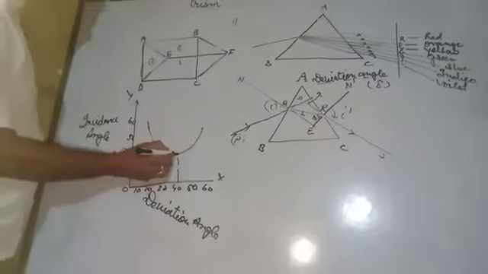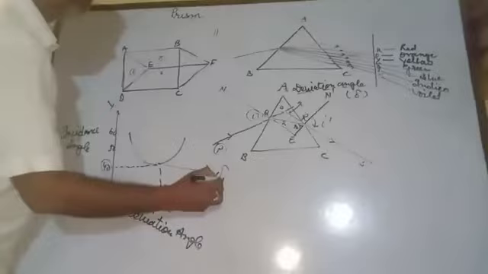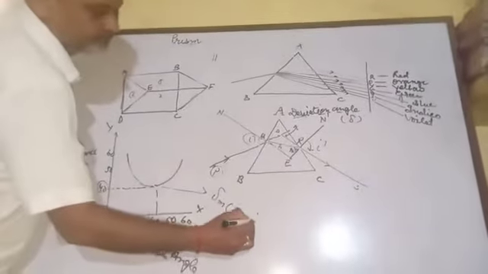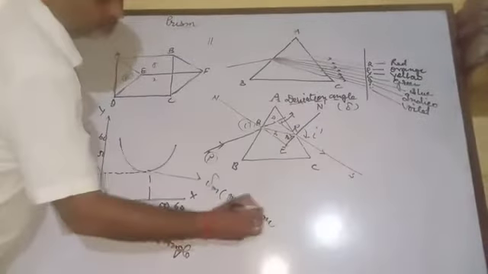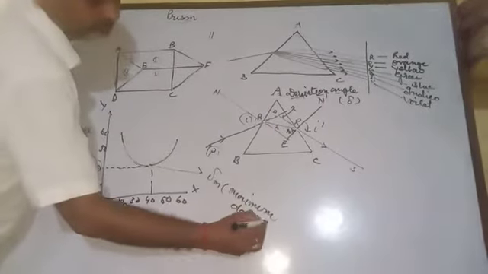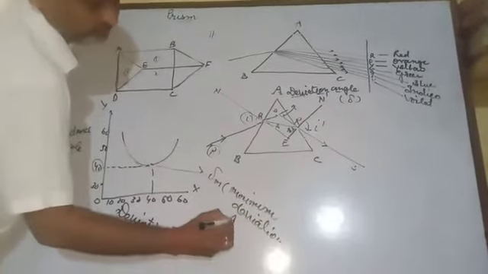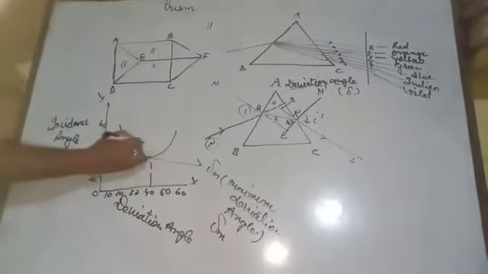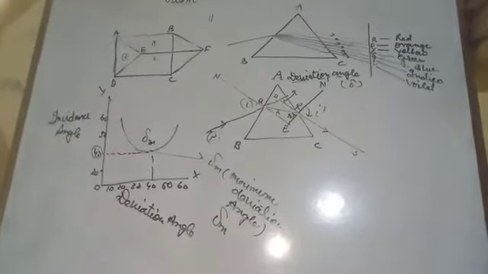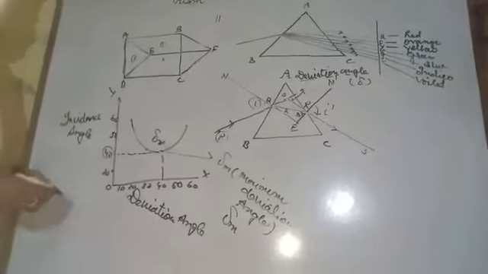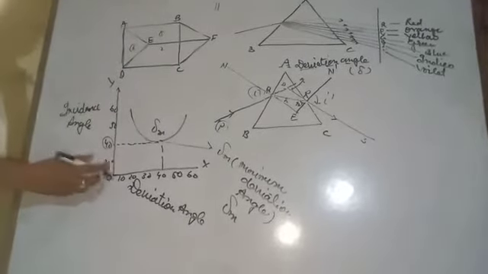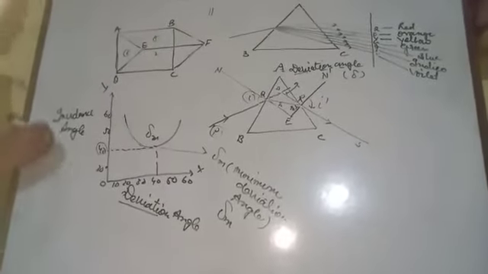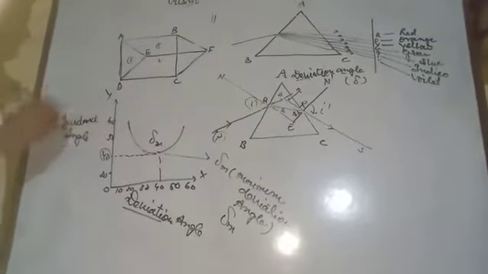This minimum deviation angle is called minimum deviation angle, which is denoted by delta m. If we draw the graph, we take deviation angle on x-axis and incident angle on y-axis.